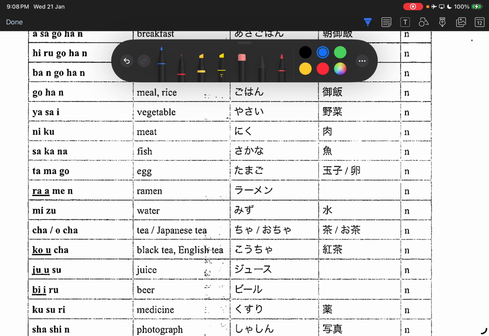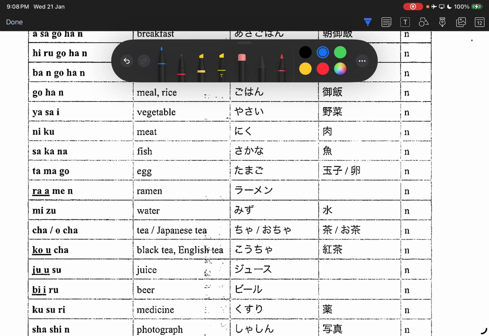Sakana. Tamago. Ramen. Please, it's not really ramen, because you have to drag out the double A sound. And it's not R sound, L sound, right? Singaporeans always like to say it the wrong way, but it's not that. Ramen.